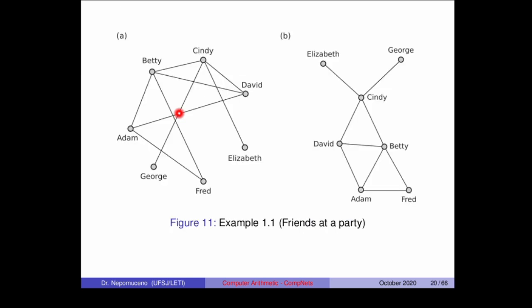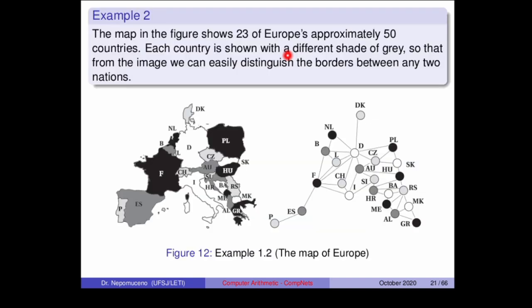With this example, you can make this figure 11. You just draw edges between the nodes to connect them. In this graph, you can use the scheme with A, or you can represent it with the letter B here. So this is the friends at a party.